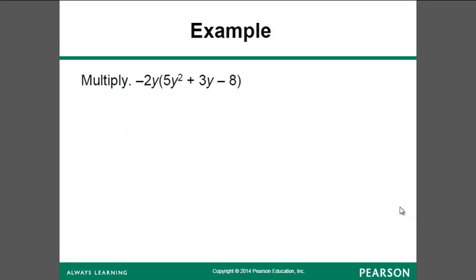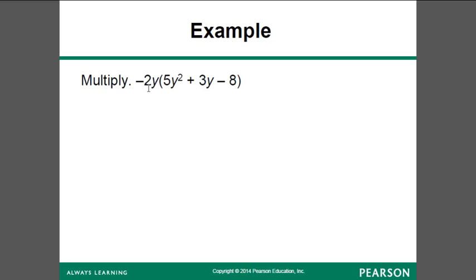So where we're wanting to look at a monomial, which is a one-termed polynomial, times a trinomial or binomial, anything of that nature, what we're just doing is distributing the monomial, the negative 2y, into the parentheses.